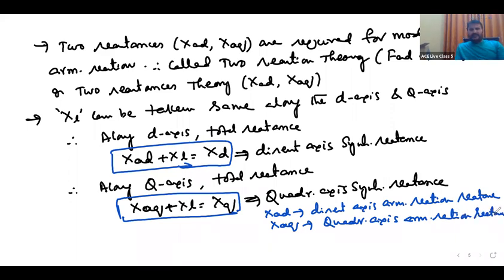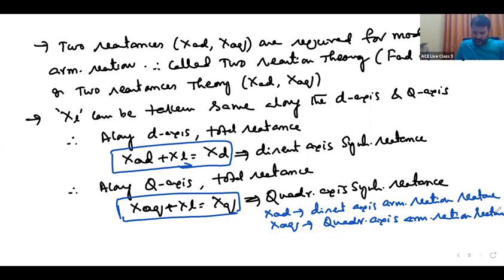Instead of simply saying XEA, I am writing XEAD and XEAQ. XEA plus XEL is called the synchronous reactance, XES, and I am calling it XD.